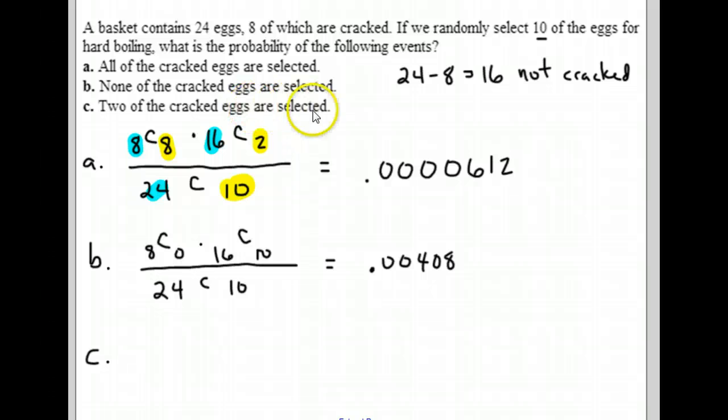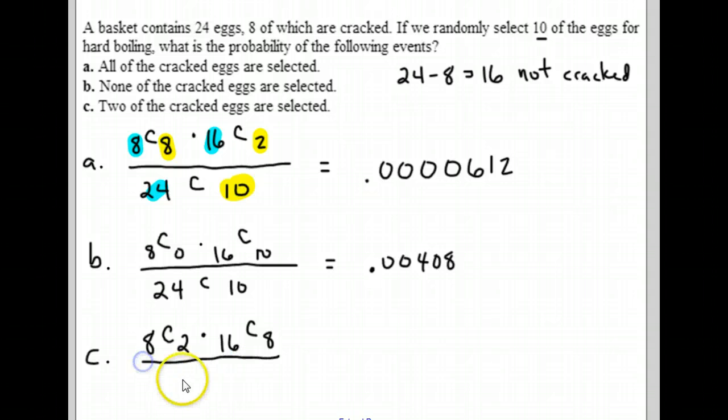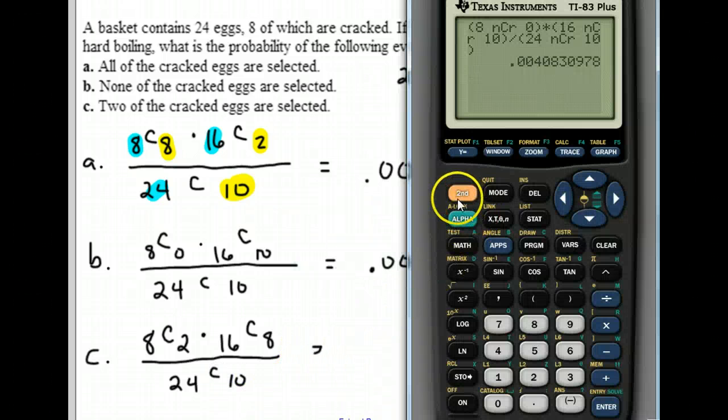Okay, and then part C, 2 of the cracked eggs are selected. So I got 8 cracked eggs. I choose 2 of them. I've got 16 uncracked eggs. I choose 8 of them. And again, we're still dividing by 24, choose 10. Alright, so once again, I'm going to hit second enter.